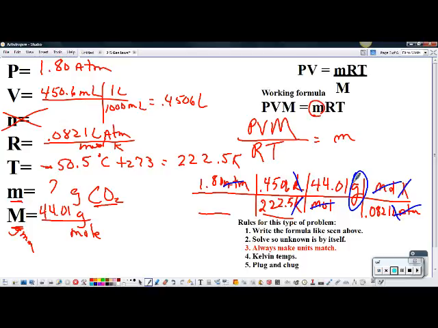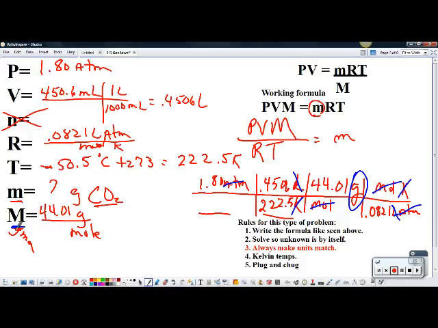Now, I will work one for you that solves for this capital M. I'll probably do that tomorrow. It's not anything different from what we've done, except your final answer will come out in grams per mole. You'll have grams and moles left over.